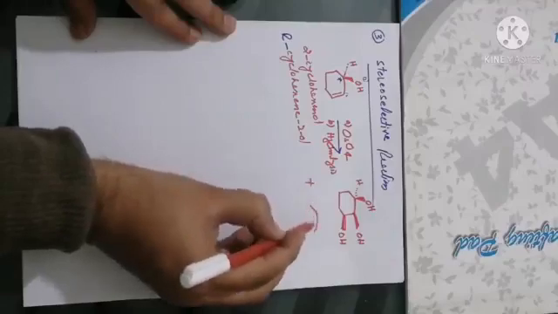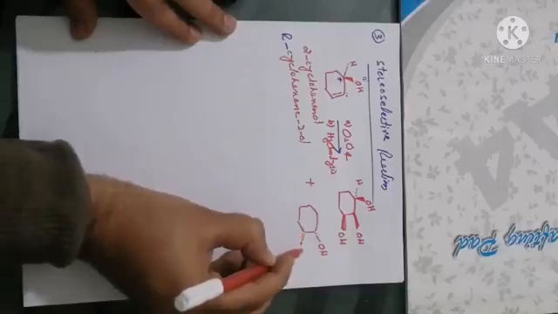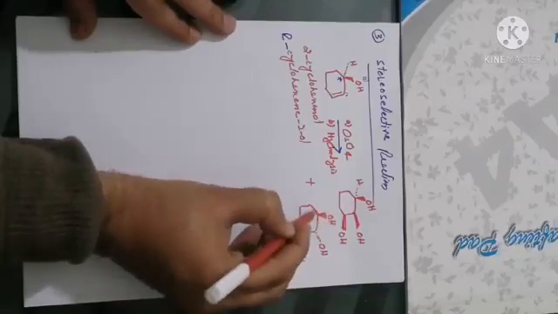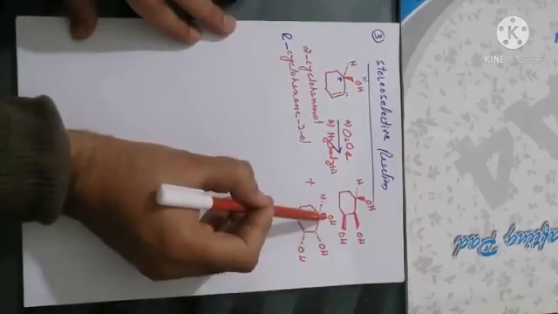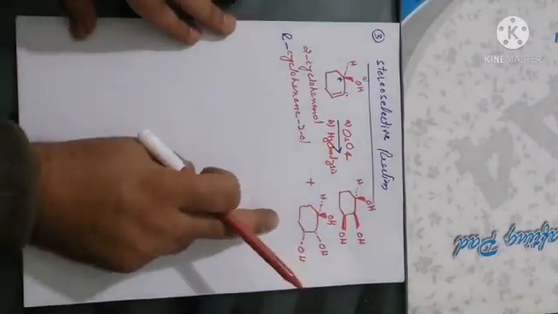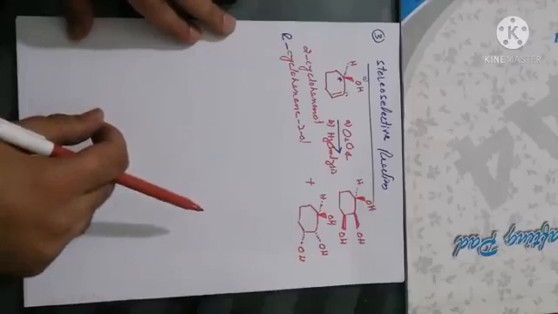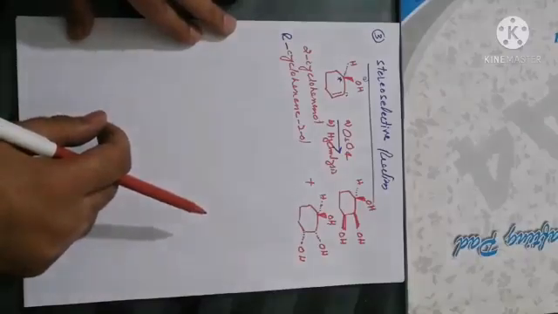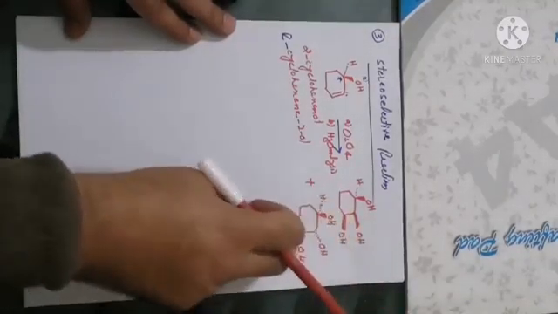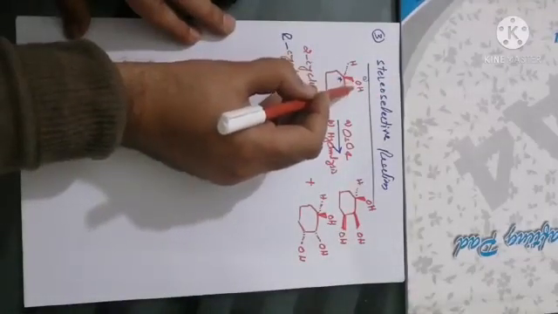And in the second product, these two hydroxyl groups are on the rear side of this double bond, or you can say opposite to this hydroxyl group. So we are going to have two stereoisomers. Which one is in the major amount? Actually, the concentration of the two stereoisomers depends upon the already present polar functional groups.